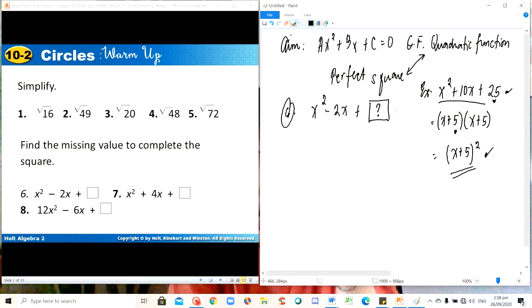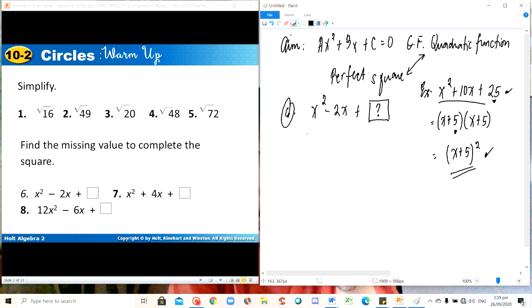So with that in mind, if this is 2 and it is divided by 2, we get 1, and if that is 1, we square it, which is also 1.